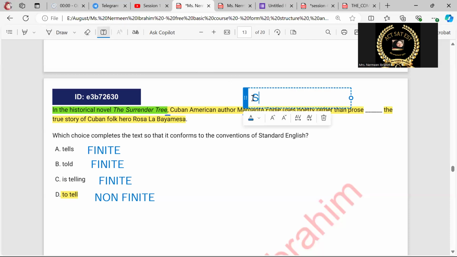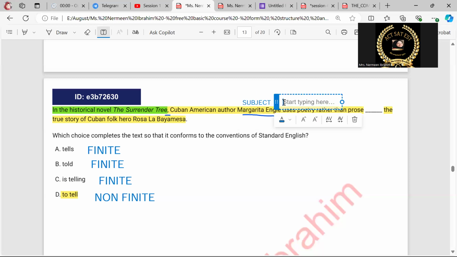So here is the subject, and this is its main verb. Okay, nice. Let's go for the subject and verb and the rest of the sentence. Margarita uses poetry rather than prose.